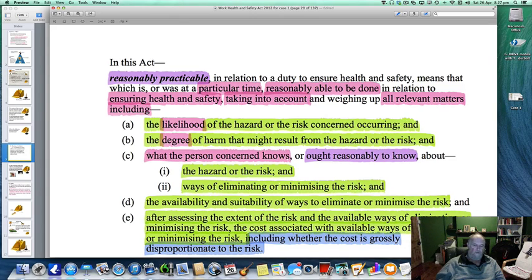So the question is what the person concerned knows or ought reasonably to have known, given their position, given what they do, about the hazard or the risk and ways of eliminating or minimising the risk. So you can imagine the guy going into court, right? And he says, look, Your Honour, I had no idea that striking a hardened steel hammer against a hardened steel pick would end up with it shattering. I just didn't know that.